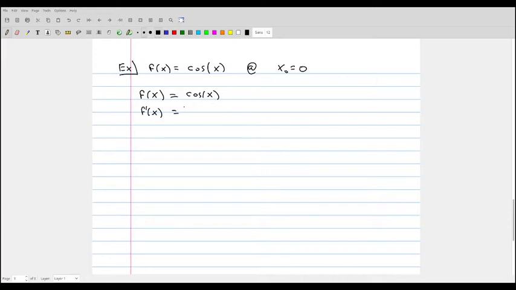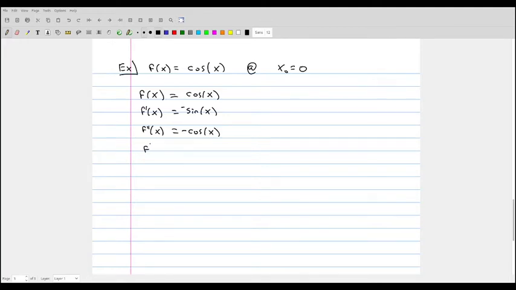Derivative of cosine of x is negative sine of x. The second derivative of cosine of x is the derivative of negative sine of x, which will be negative cosine of x.